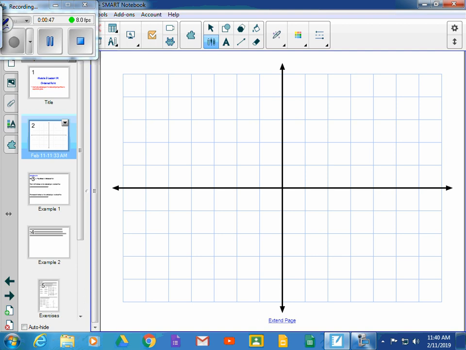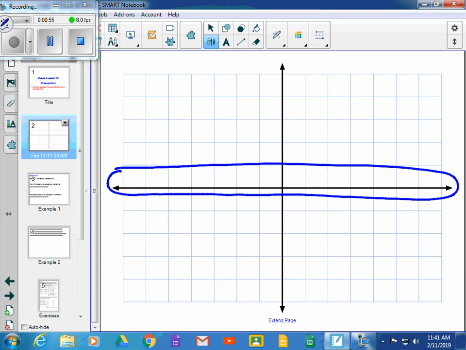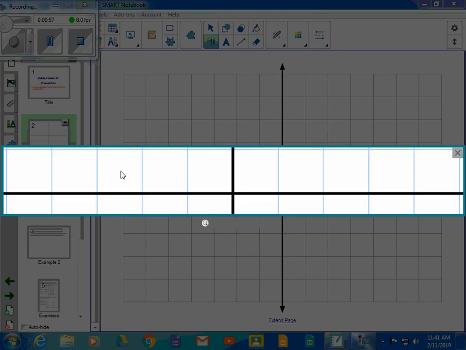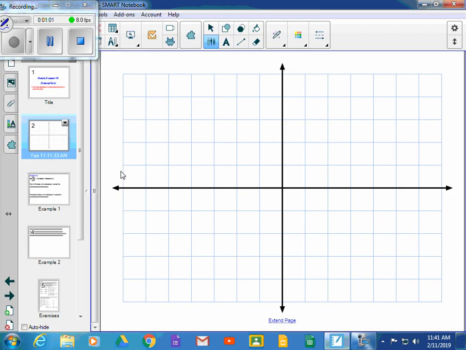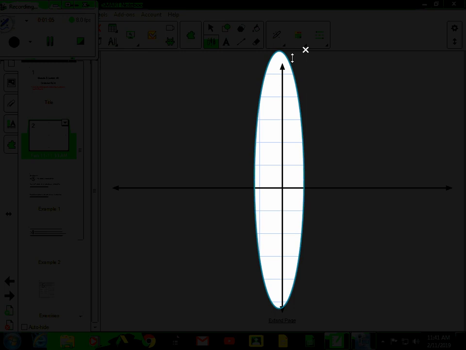If we look at the coordinate plane, it is basically like two number lines that intersect. We have a horizontal number line, that is the x-axis, and then we have a vertical number line, that is the y-axis.